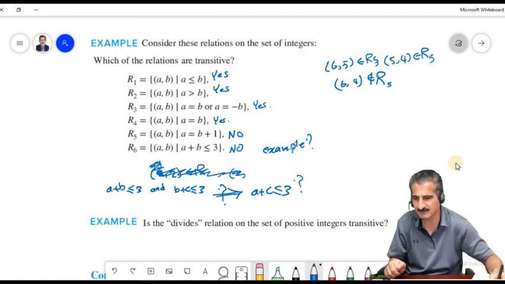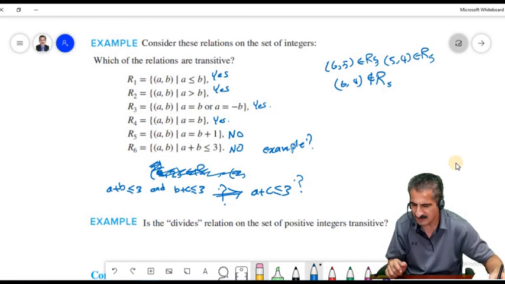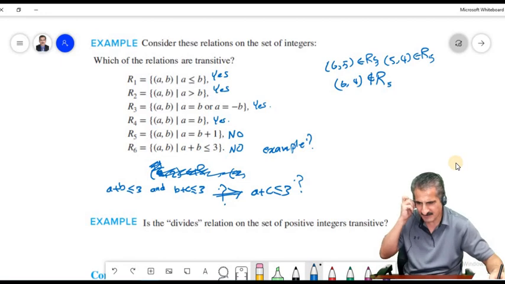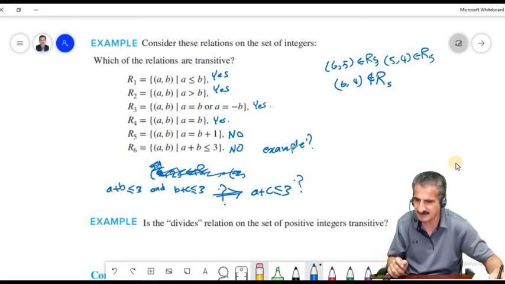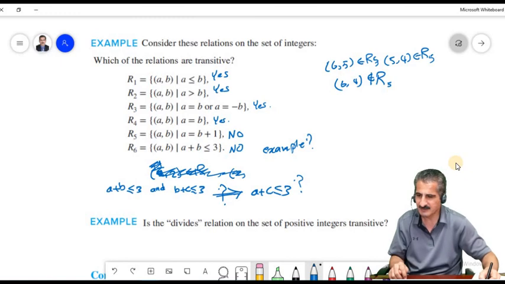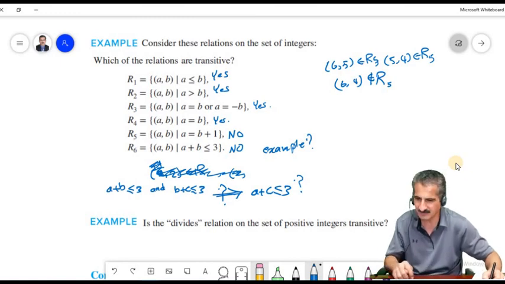Because 1 plus 0 is less than 3. So A plus B is less than 3, and B plus C is less than 3. So what we will have here, A plus C to be less than 3. My mind is hurrying, so I must slow down to think about it.